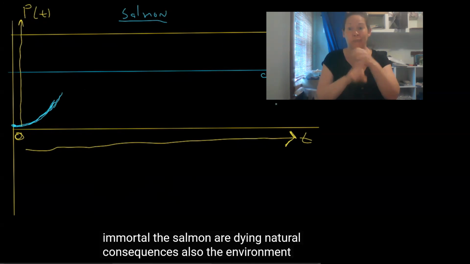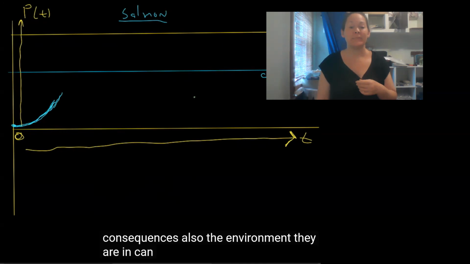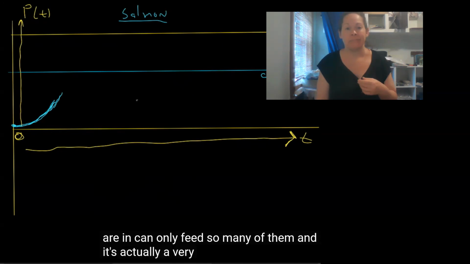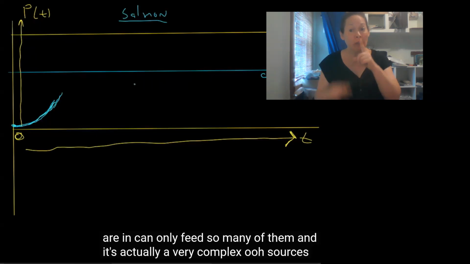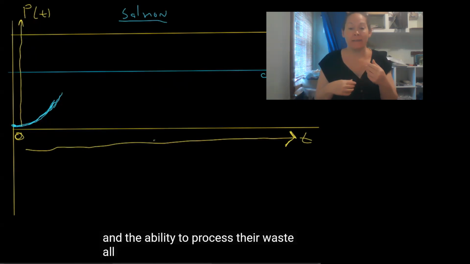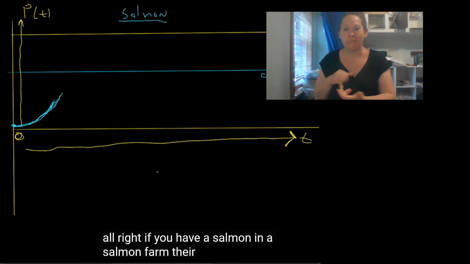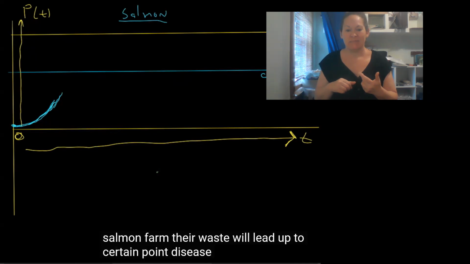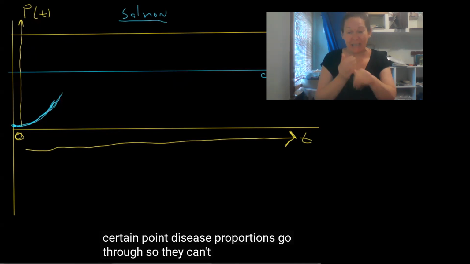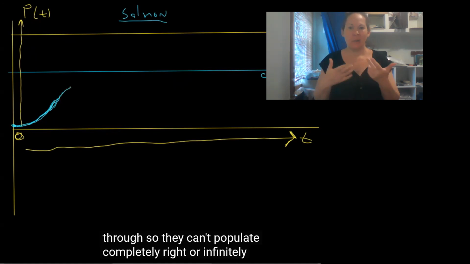Also, the environment they are in can only feed so many of them. And it's actually very complex, the food sources and the ability to process their waste. If you have salmon in a salmon farm, their waste will lead to disease proportions. So they can't populate completely, or infinitely.